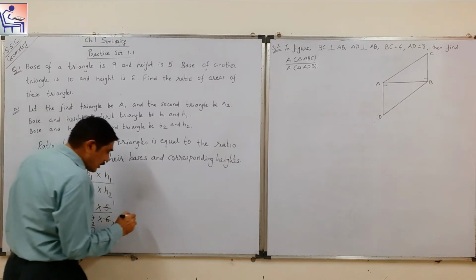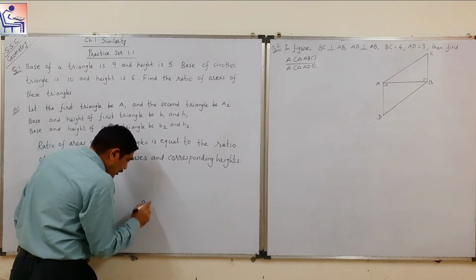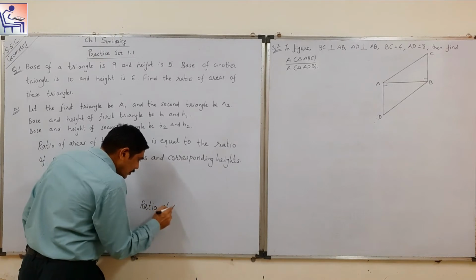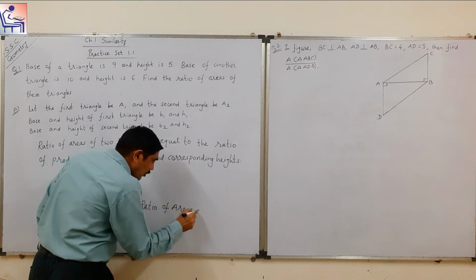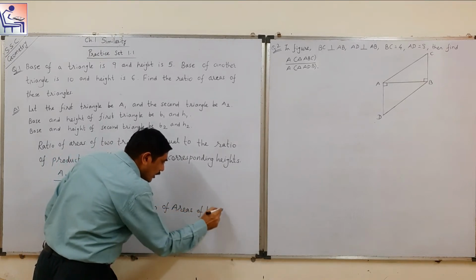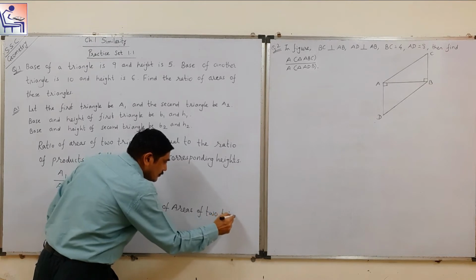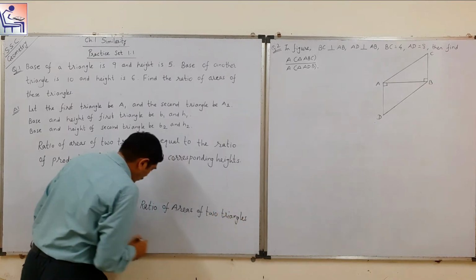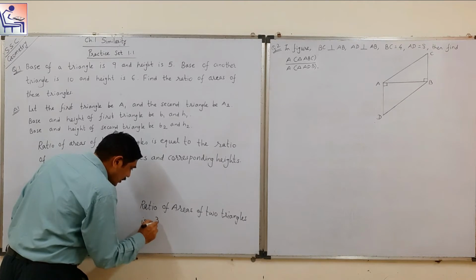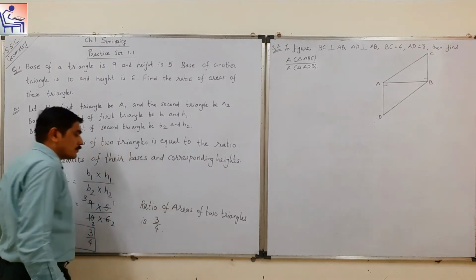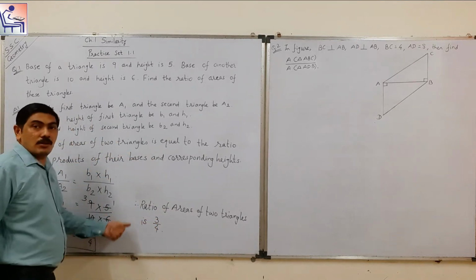So the final answer is, the ratio of areas of the two triangles is 3 upon 4.